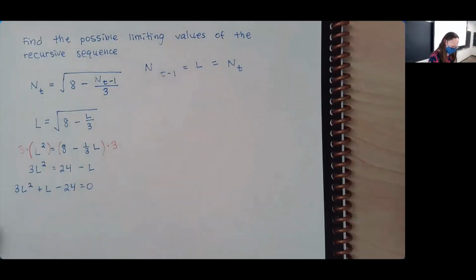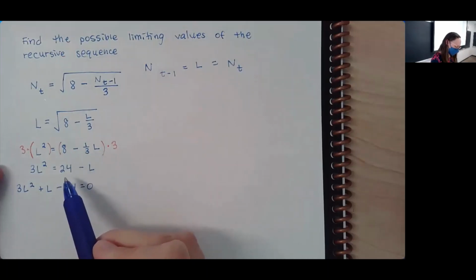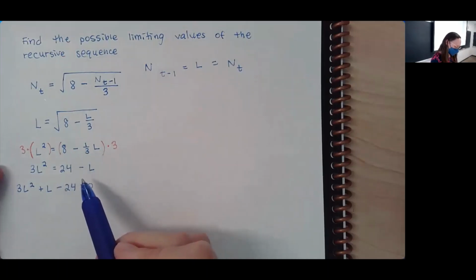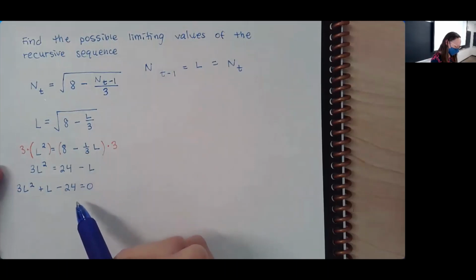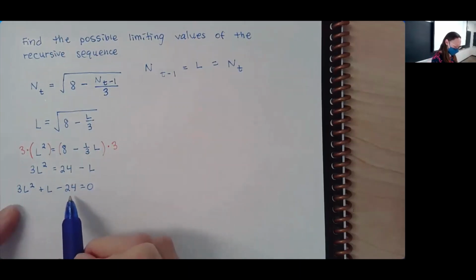I moved the 1/3 L over to the left side before multiplying by 3. Sure, I think we should still end up in the same place. Yeah, I still have different numbers. Hold on. I think I know what I did, but I don't know if this factors.